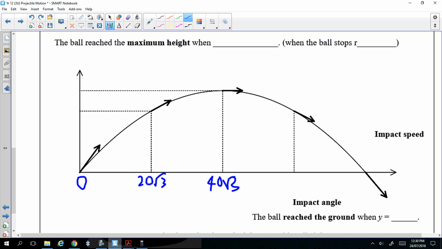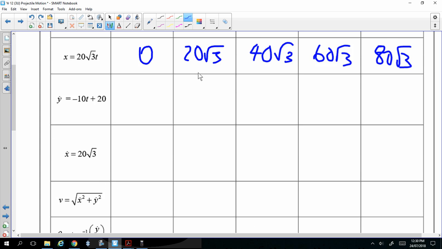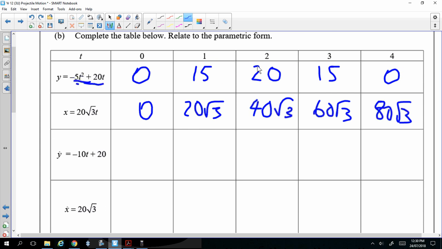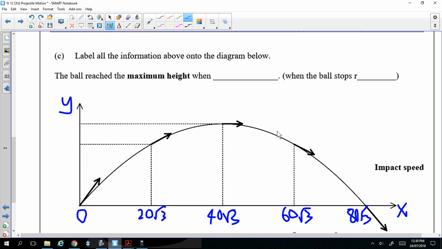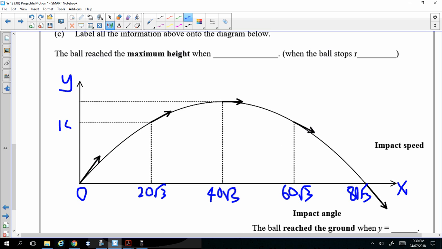Okay, 2-dimensional motion. And at 20 root 3, the height is 15, right? Increase to 20, 15, and then 0. So it goes to 15 after the first second. And then after that goes to 20. And then goes back to 15, goes back to 0. Okay, so it takes 4 seconds to go back to the ground.